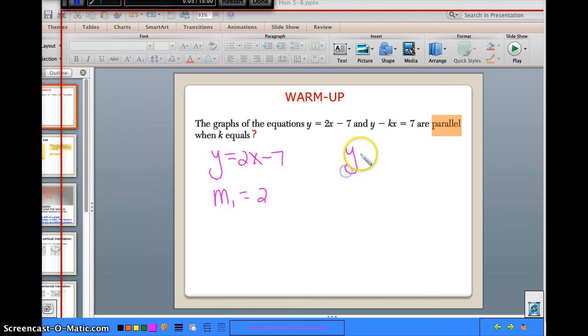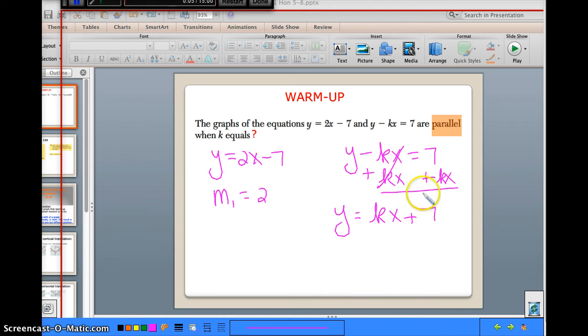In the second equation they give us, which has a k in it, we actually have to get it into slope-intercept form first, so let's go ahead and add our kx, which also could be thought of as mx. That would cancel. Putting my mx before my b would be kx plus 7.